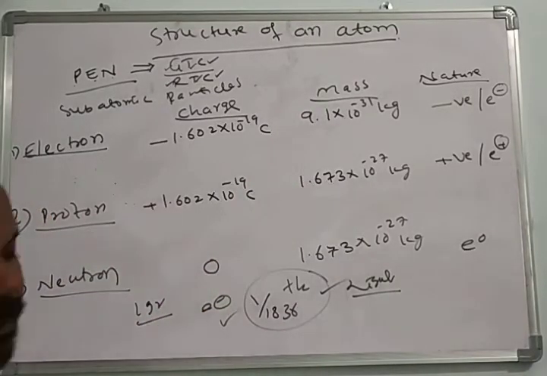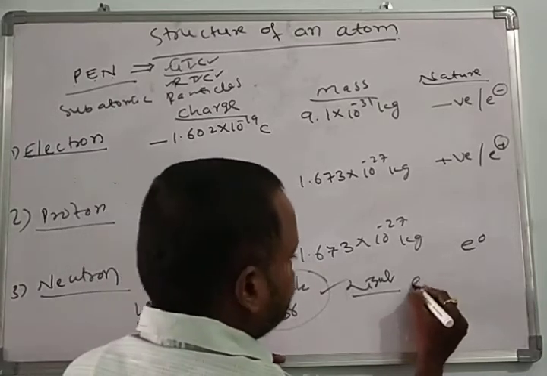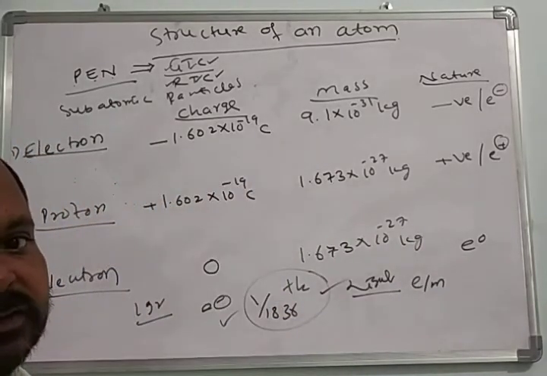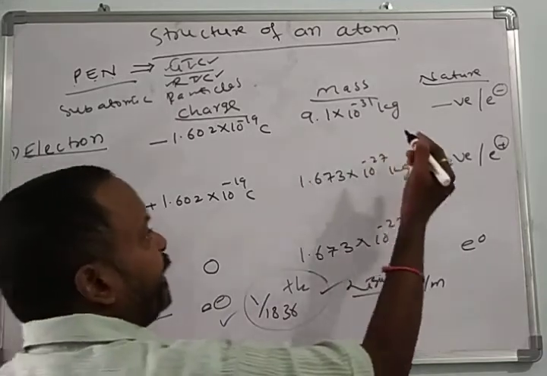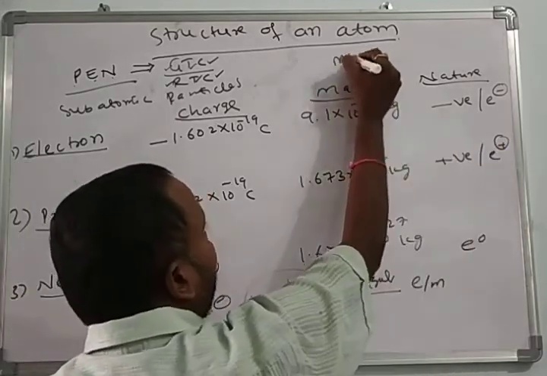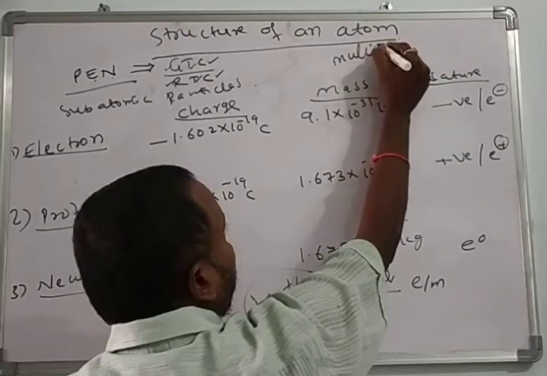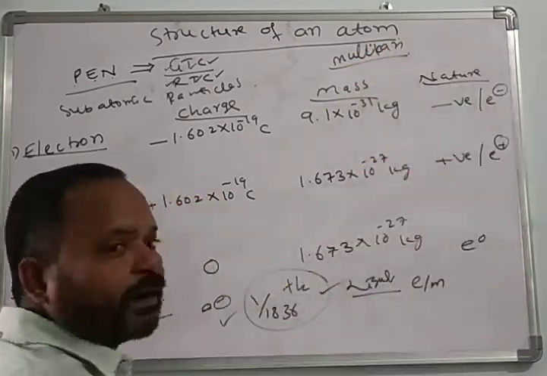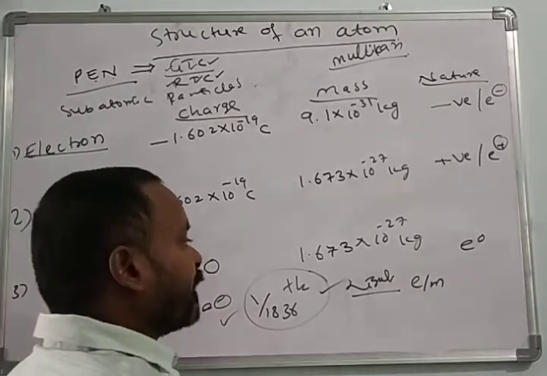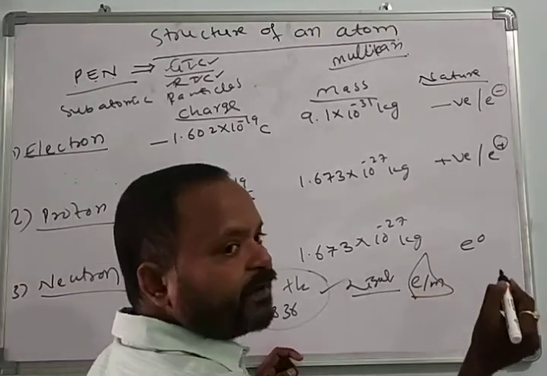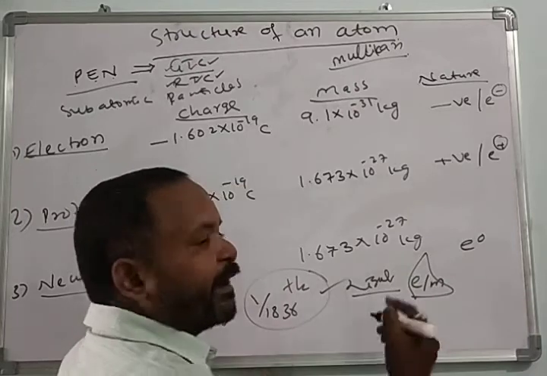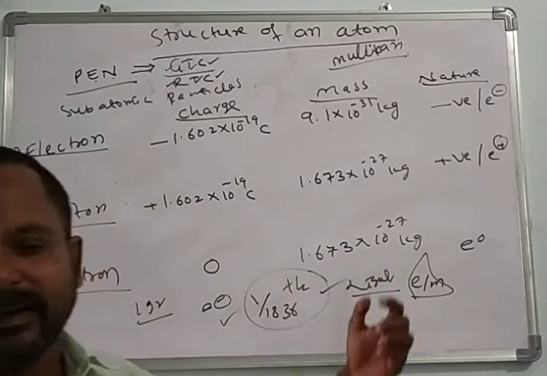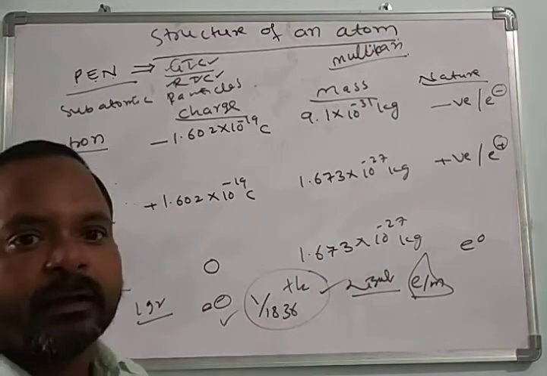And here the e by m value. One more thing: the charge of an electron was discovered by Millikan. J.J. Thomson explained the e by m value of an electron. Electron has a very low e by m value compared to the proton.